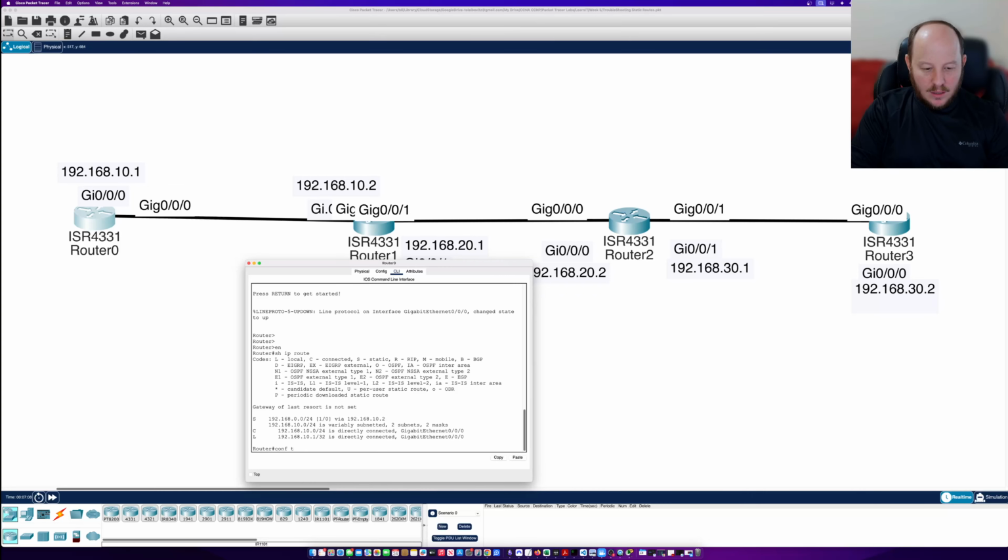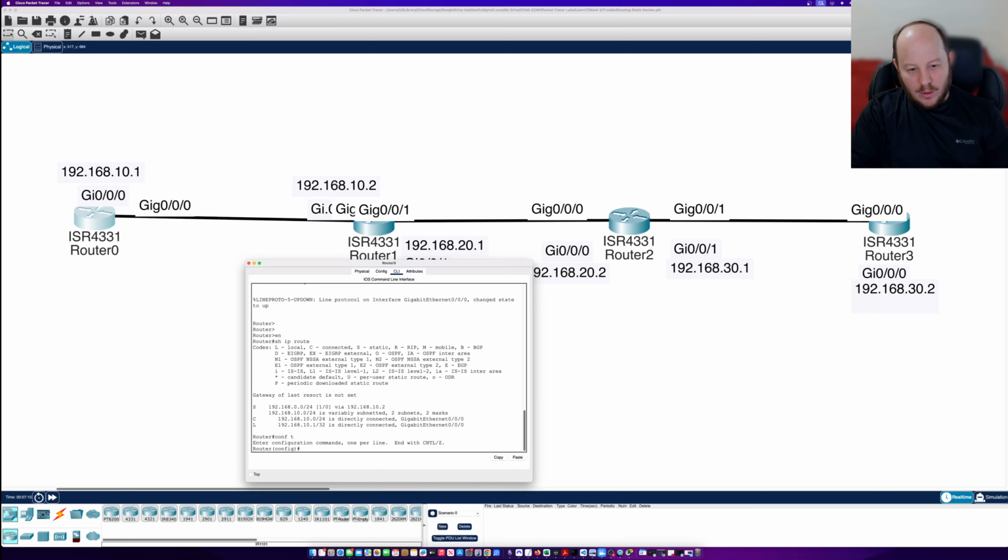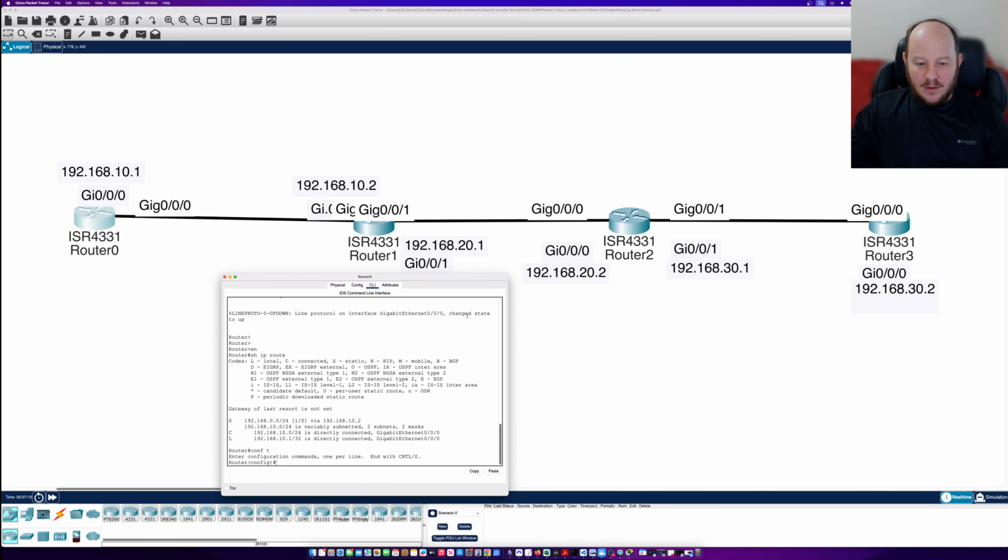Going to global config mode, we need to tell it about the other two networks it doesn't know about, the .20 and the .30. You configure that with ip route. You tell it the network you want it to know about, 192.168.20.0, with mask 255.255.255.0.